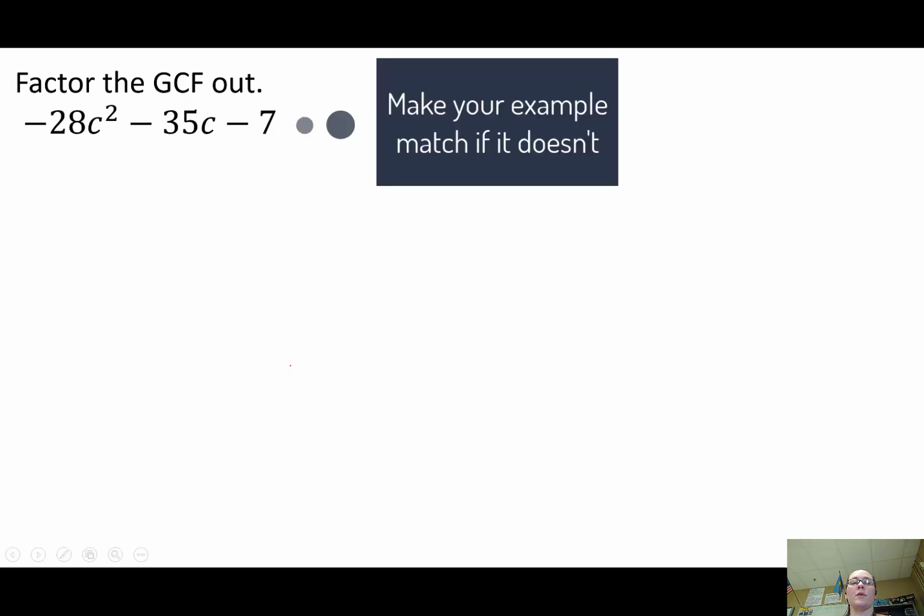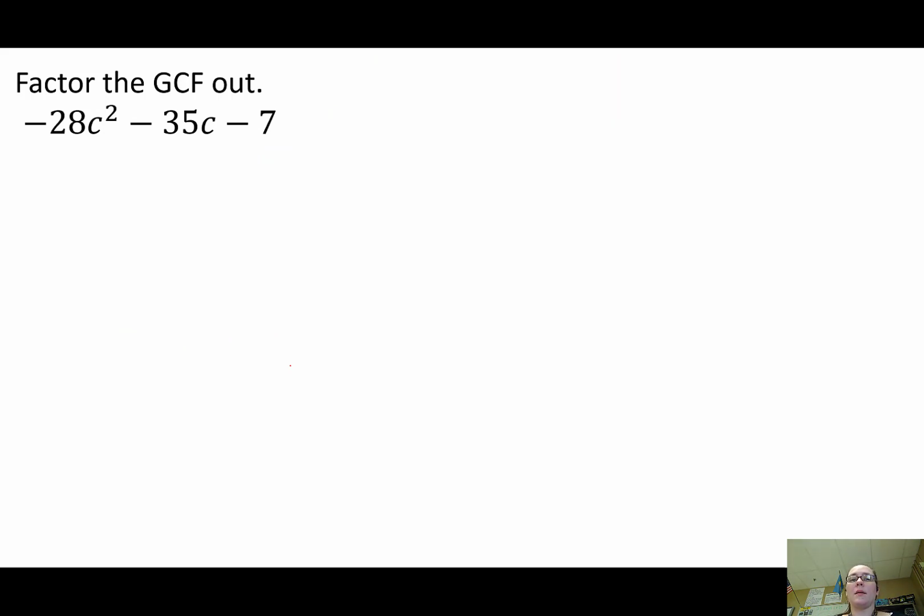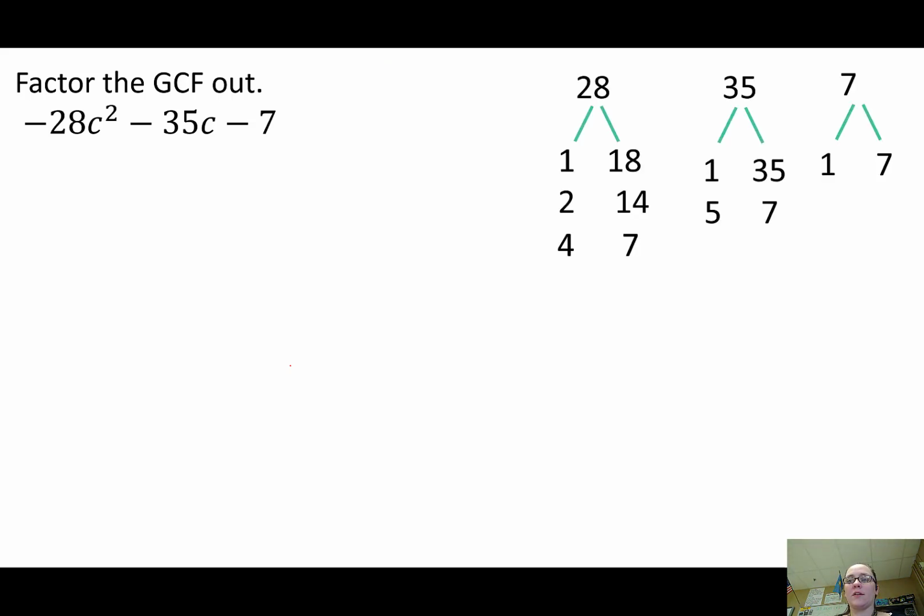Okay, so we're looking at another one. We've got negative 28c squared minus 35c minus 7. So we're going to look at factors of 28, factors of 35, and factors of 7. What do all three of these numbers have in common? Well, they all have a 7. So we're dividing everything by 7.